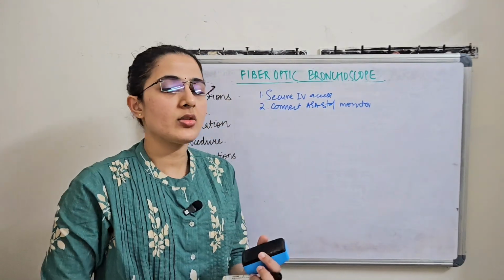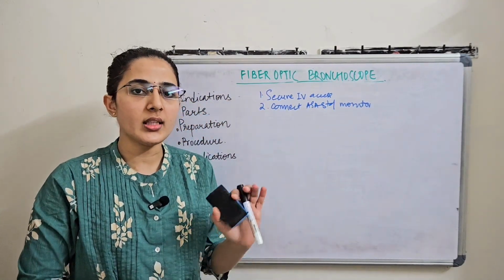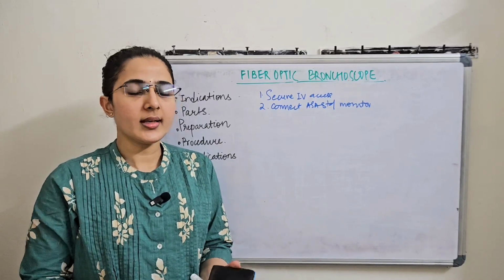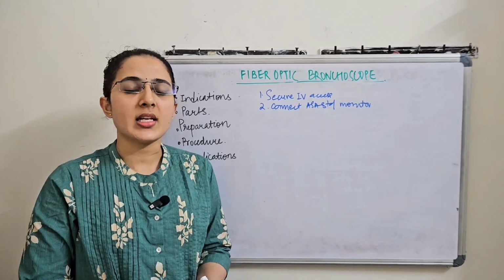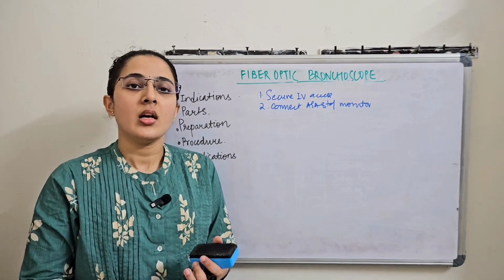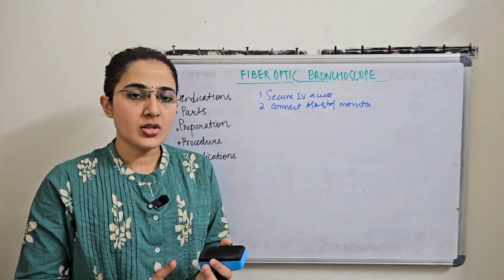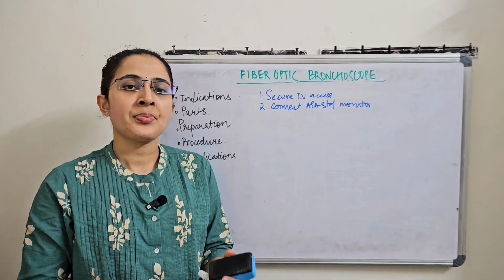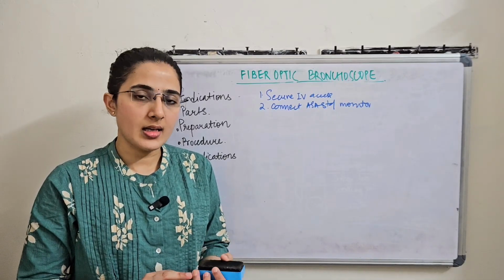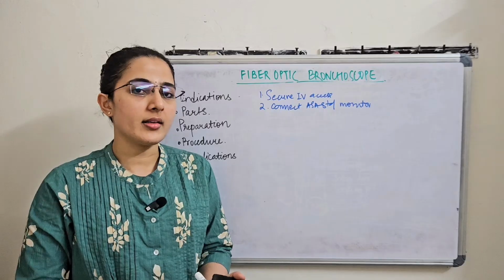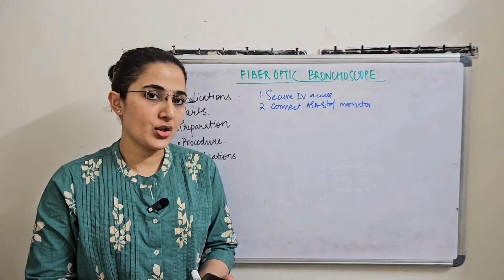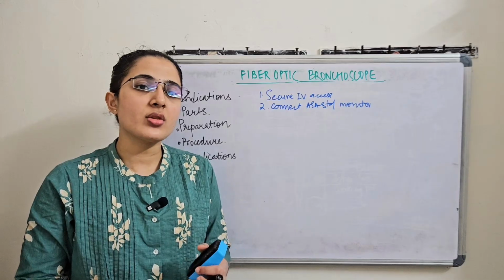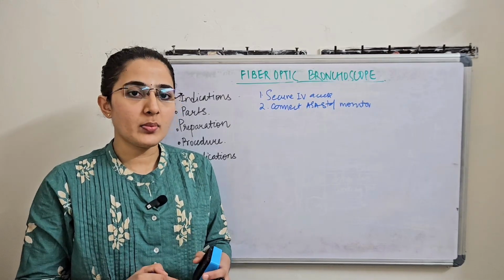We have to keep the drugs ready which are required for the FOB, like the sedative agents, anti-sialogogues, induction agents, muscle relaxants, local anesthetics, and checked suctions, preferably 2 suctions may be required. We also keep the difficult airway cart ready, and the anesthesia machine should be checked and kept prepared. So this is the preparation we should have prior to the fiber optic bronchoscopy.